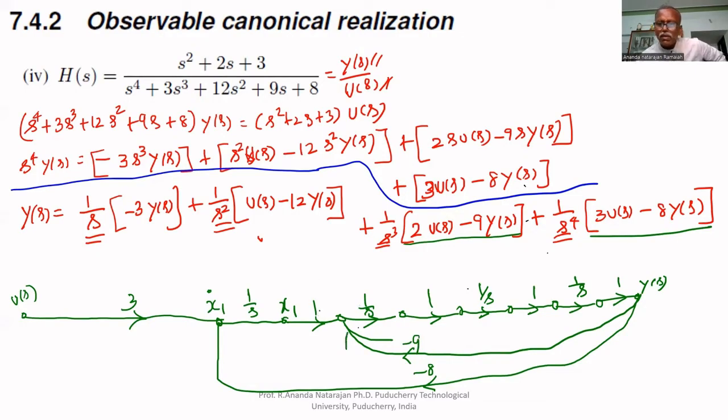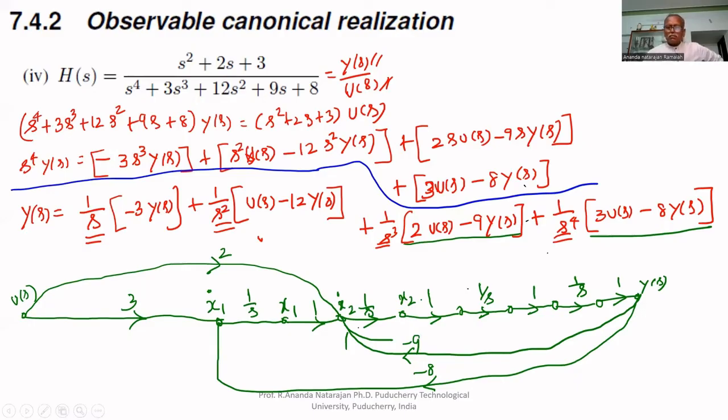And how many u of s? 2 u of s. If you add these two together, then it is called x2 dot. Here you will get x2, because of that integrator.